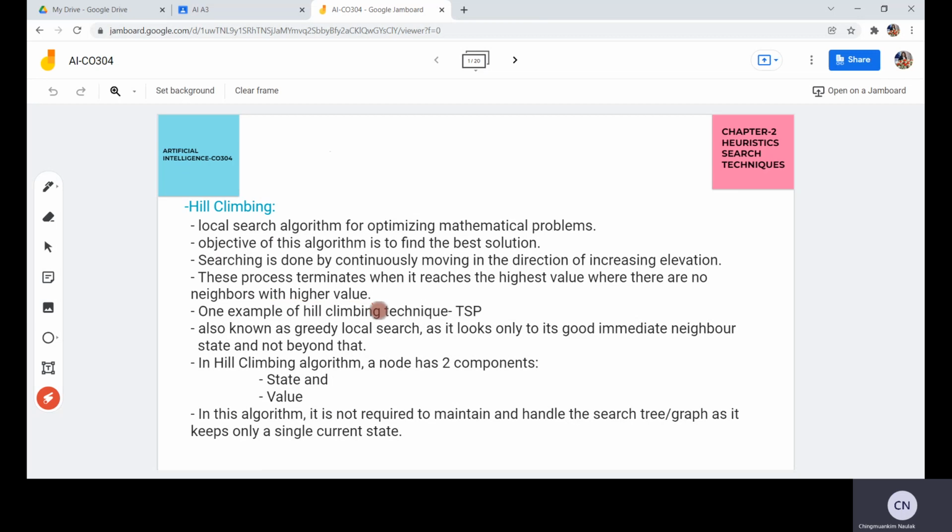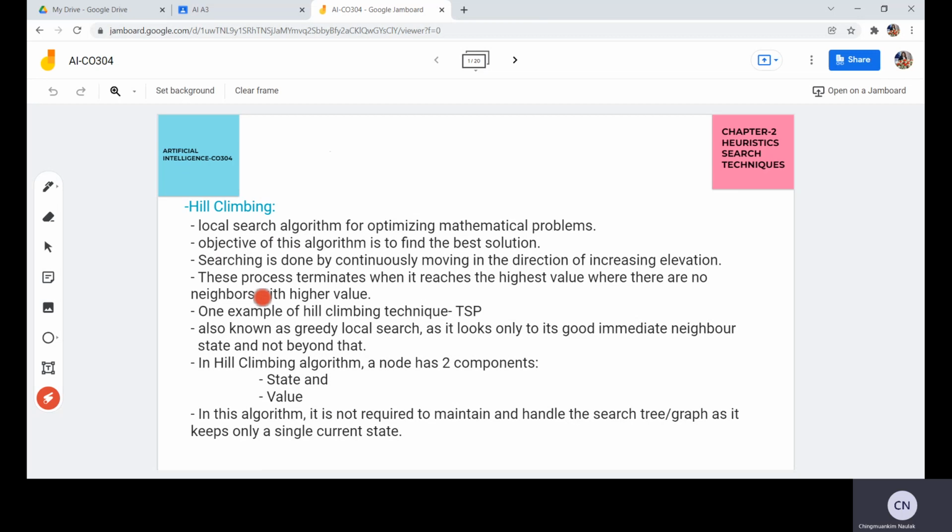That's when you have to stop. One example that makes use of the hill climbing technique is the traveling salesman problem. This technique is also called greedy local search. Why? Because it only looks to its immediate neighbor state and not beyond that.